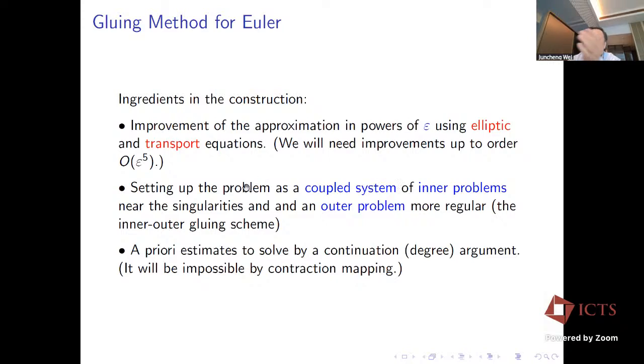In this case, unlike the elliptic case or the parabolic case, we have to treat the outer problem very carefully because we don't gain regularity for the outer problem. And we use a priori estimates to solve the problem, by continuation, the degree argument, and not by contraction mapping.